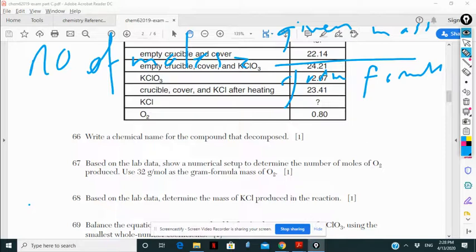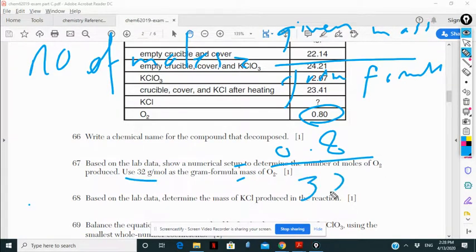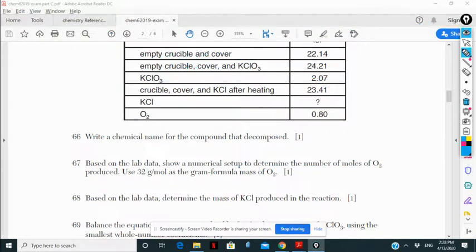For oxygen, the given weight is 0.8, so 0.8, and the molar mass is given to me, 32. Okay, so that's the setup.